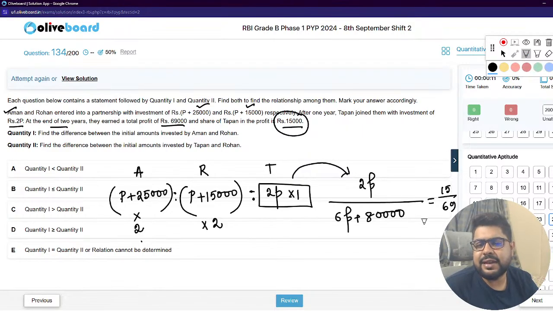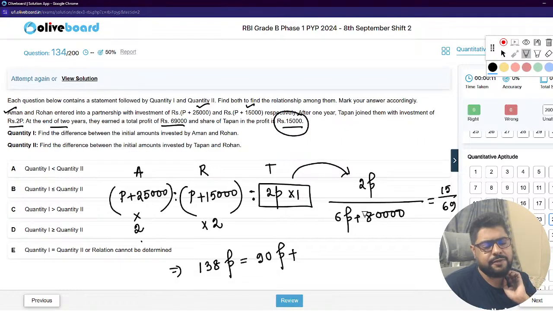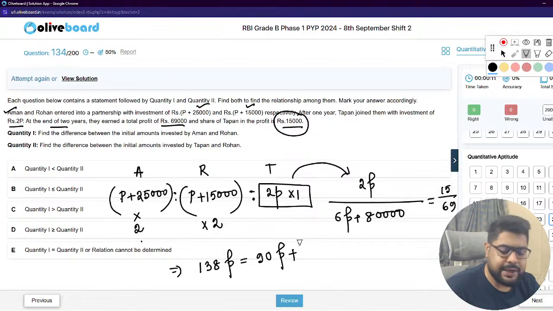15 by 69. Calculate it, sir. So it will be, sir, 69 into 2, sir, 138P. This is, sir, 90P plus 15 into 8. 15 into 8 are 105, right? Sorry, 120, sir. 120, meaning 12 lakh rupees. 120,000.